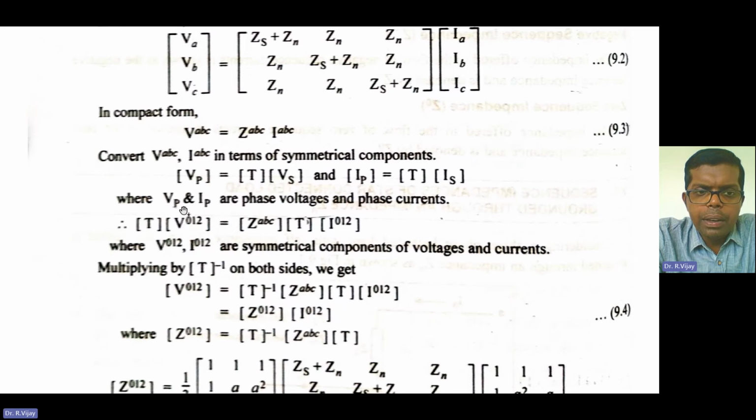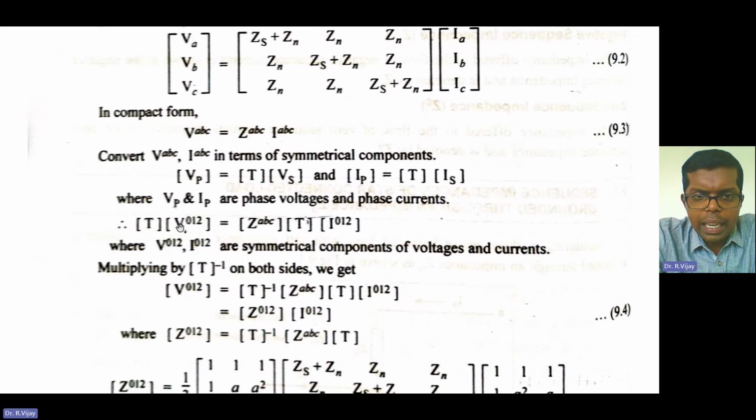Now, VP and IP are the phase voltage and phase currents. Now, again, we are rewriting this as T into V012, because this is T into VS. The sequence components we are rewriting into 0, 1, and 2. So T into V012 is equal to ZABC into T into I012.